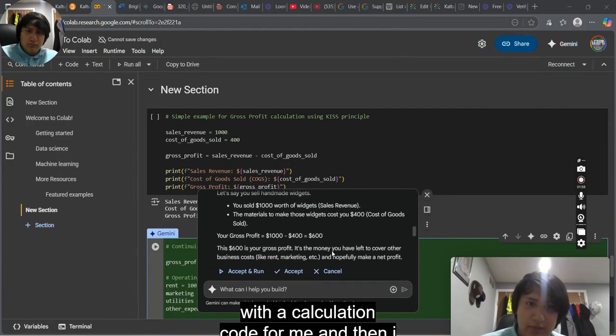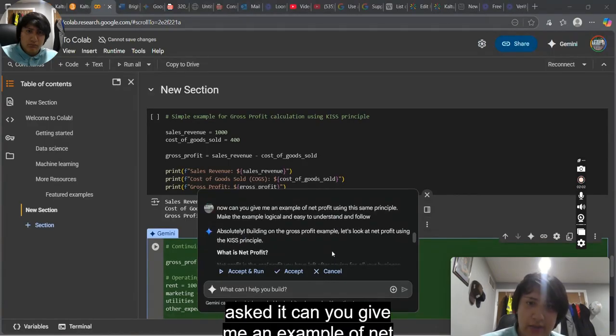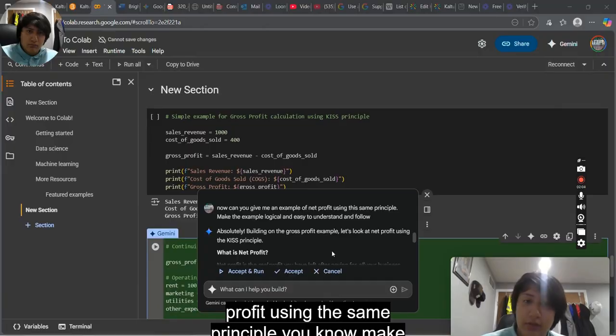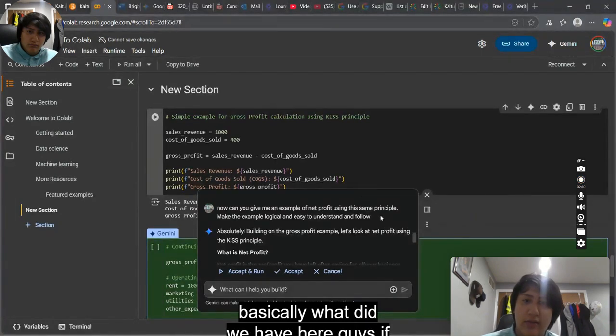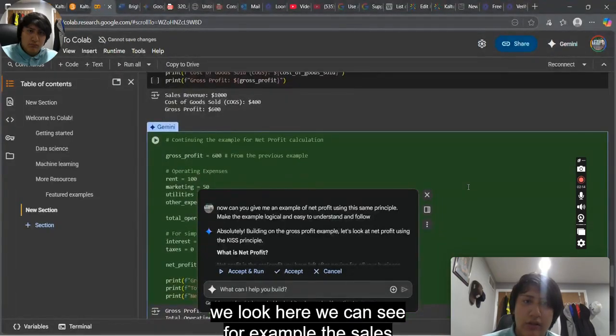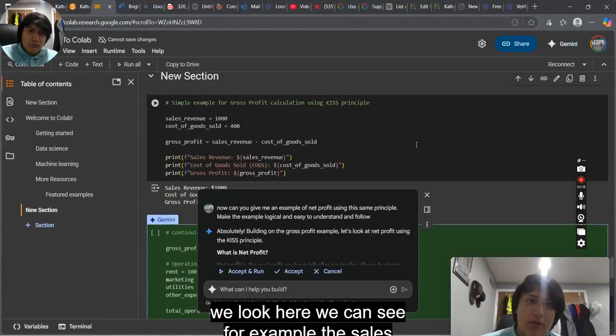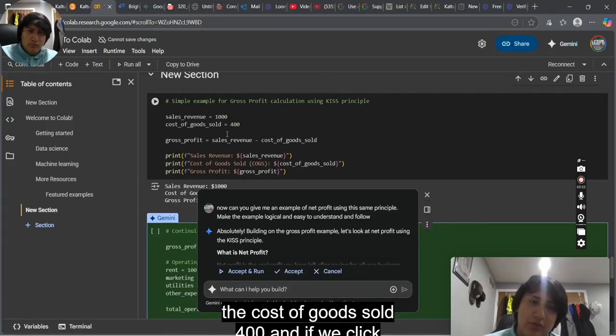it basically came up with a calculation code for me. And then I asked it, can you give me an example of net profit using the same principle, make it logical and easy to understand. So that's basically what we have here, guys. If we look here, we can see, for example, the sales revenue, which was 1,000, and the cost of goods sold 400.